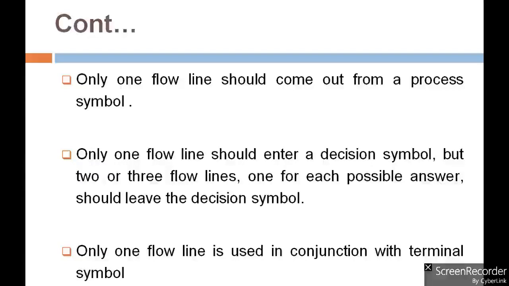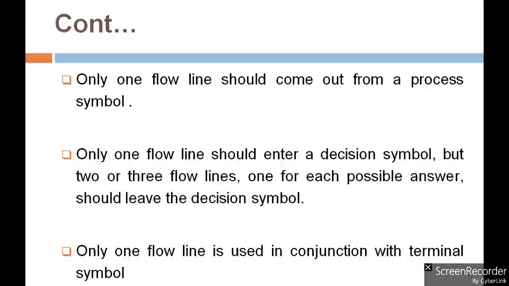Then the next point is only one flow line should enter a decision symbol, but 2 or 3 flow lines, one for each possible answer, should leave the decision symbol. That means we can enter a decision symbol with only one arrow, but we can have more than one arrow, like 2 or 3 arrows, for each possible answer or alternative while going out of the decision symbol.